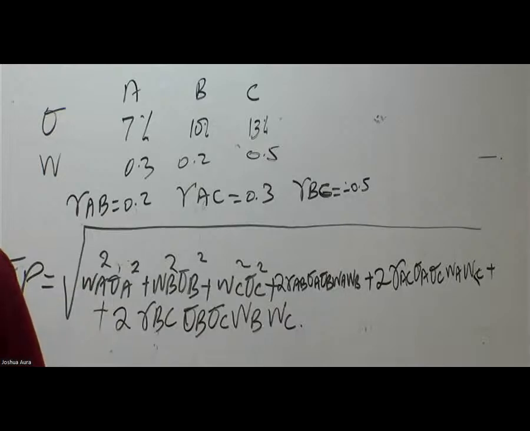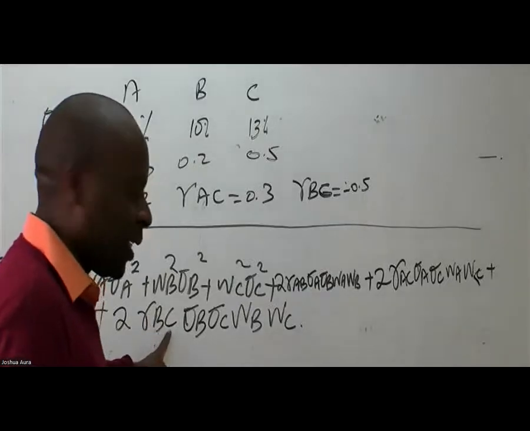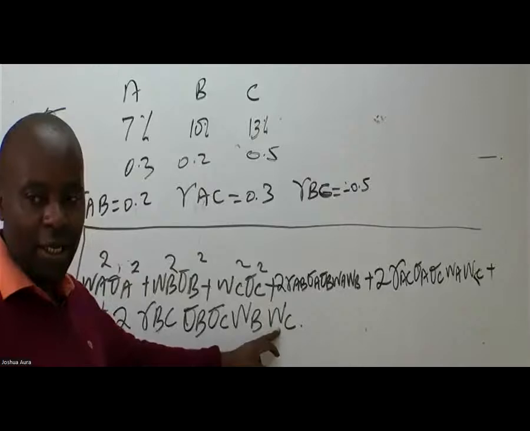At the end, at weight A, which securities do we have here? It's B and C. So in this case, you only have weight of B and weight of C.